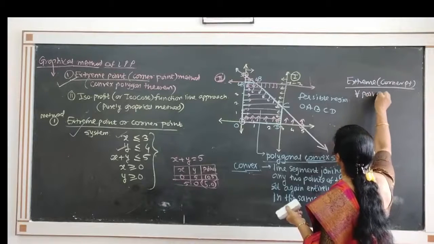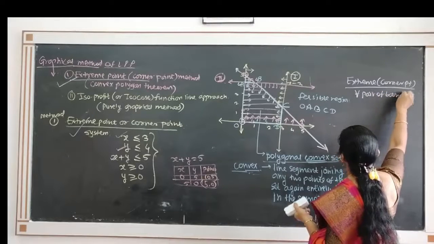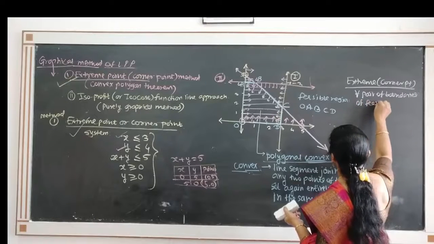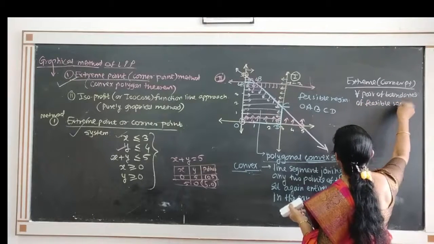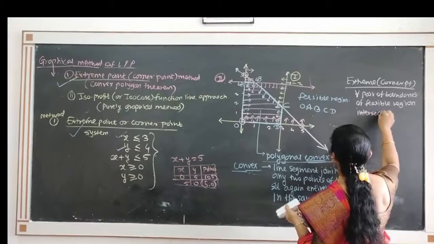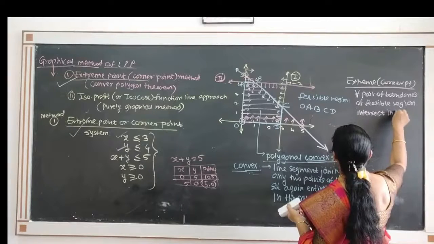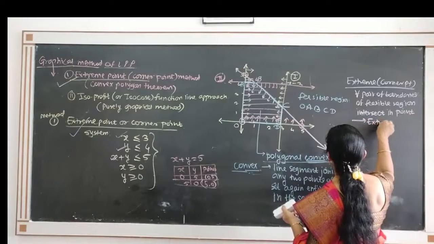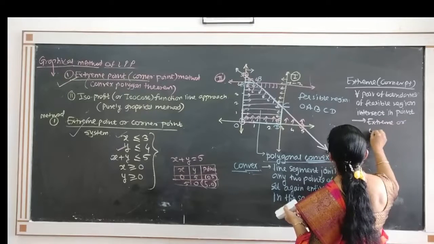Every pair of boundaries of the feasible region intersect or overlap each other in one point, and that point is known as an extreme or corner point.